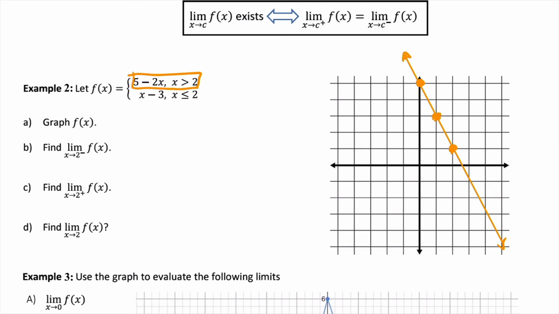The other one is x minus 3. So the y-intercept is at negative 3. And the slope is 1.